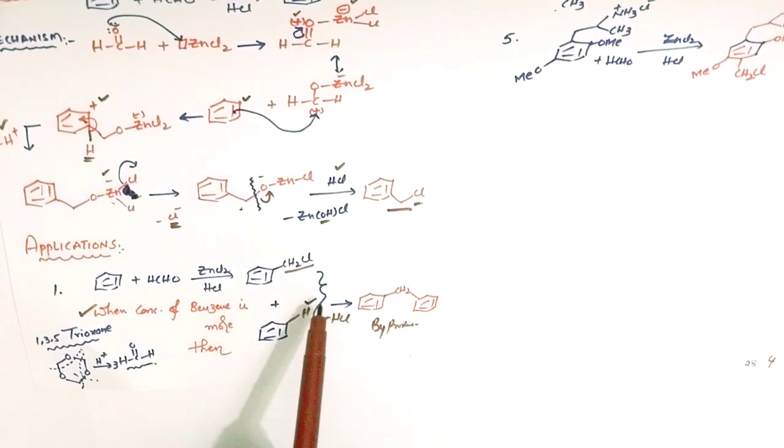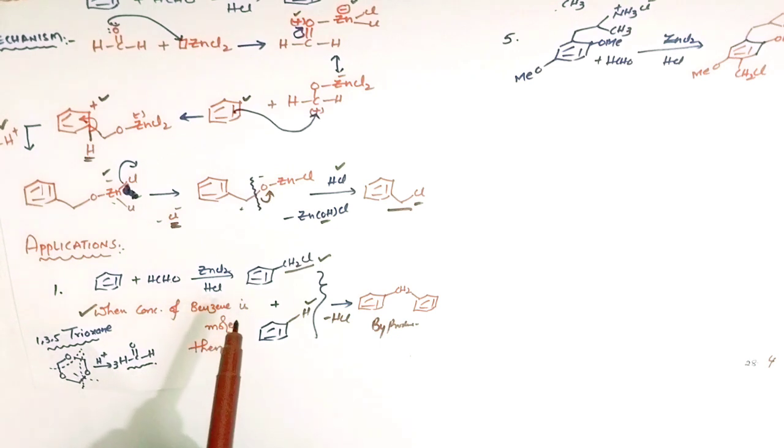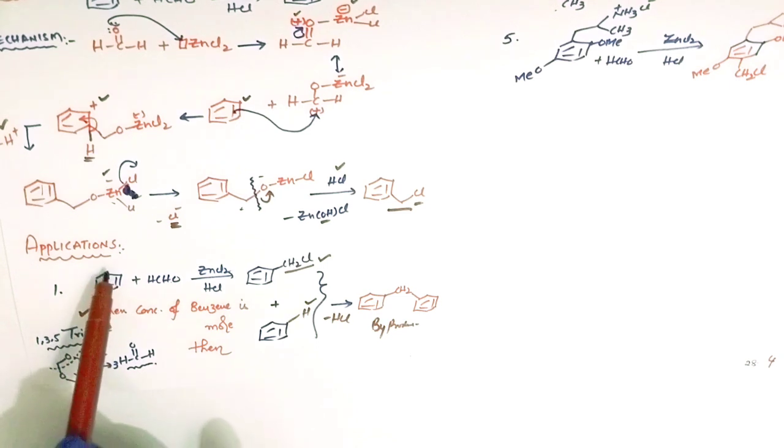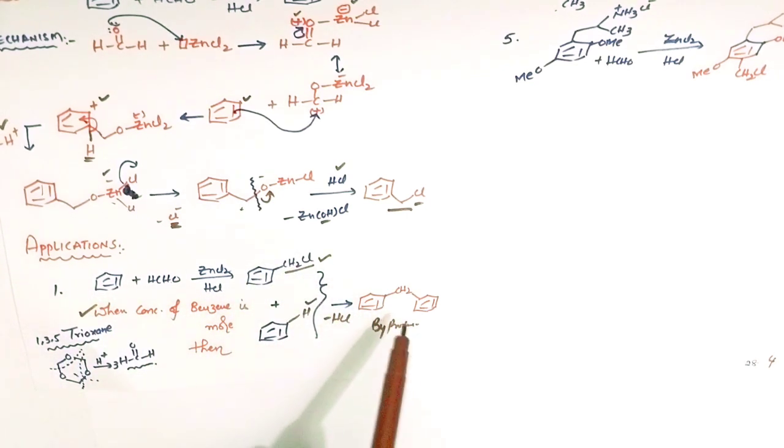Here the removal of H and Cl takes place to produce this kind of a byproduct. So whenever we do the chloromethylation, we should consider the number of moles of that aromatic compound. If you increase the number of moles, automatically along with the product we will come up with a byproduct also.